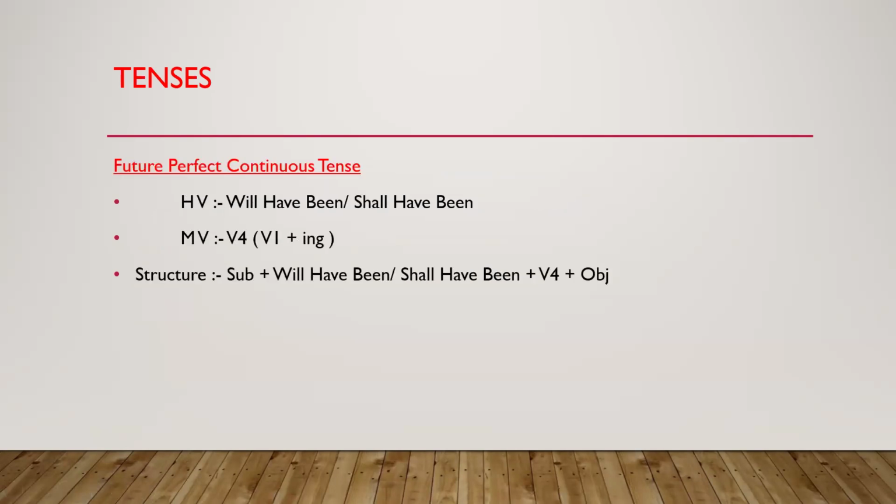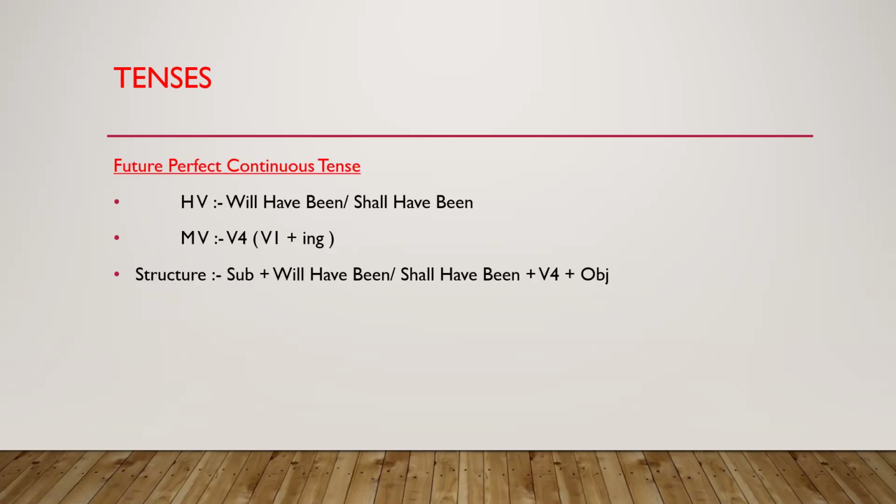Now let's discuss the last tense in our tenses topic, the future perfect continuous tense. The helping verb is will have been or shall have been. The main verb is V4, V1 plus ing. The structure is subject plus will have been or shall have been plus V4 plus object.